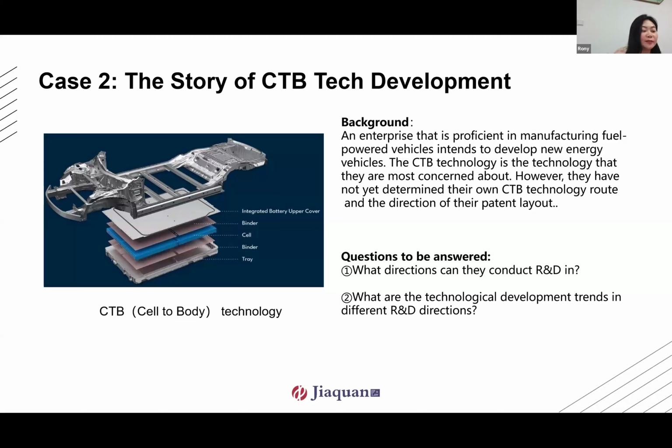There are quite obvious differences in their overall technical ideas. So my client is very concerned about the R&D trends of different C2B directions. And my client wants to know what the advantages and disadvantages of different C2B implementation methods are, as well as what the latest technology is like.